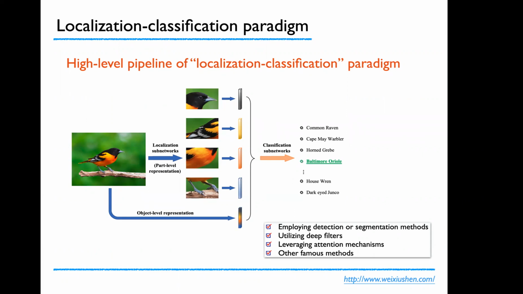More specifically, a localization subnetwork is designed for locating these key parts, and then the corresponding part-level feature vectors are obtained. The part-level features are also called local-level features or local-level patterns. This is usually combined with object-level, global-level image features for representing the fine-grained objects.